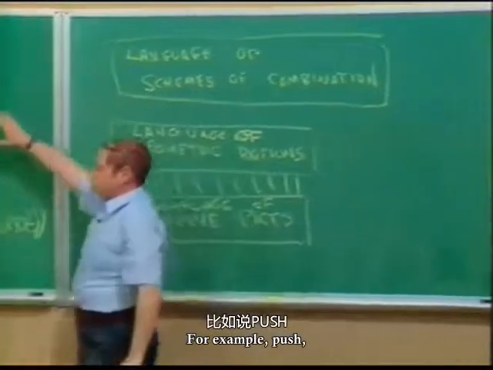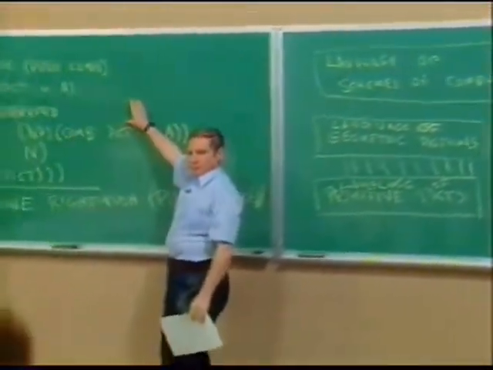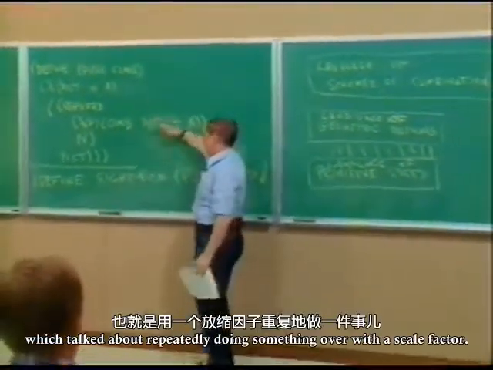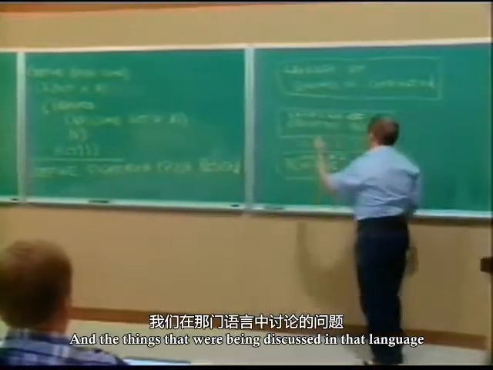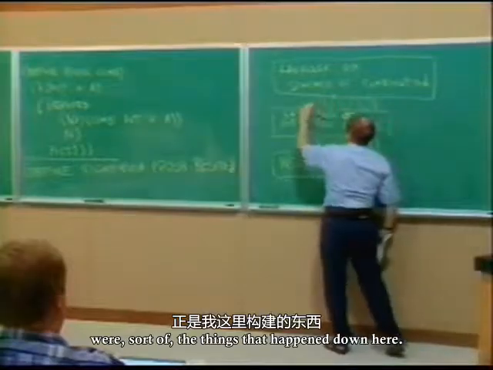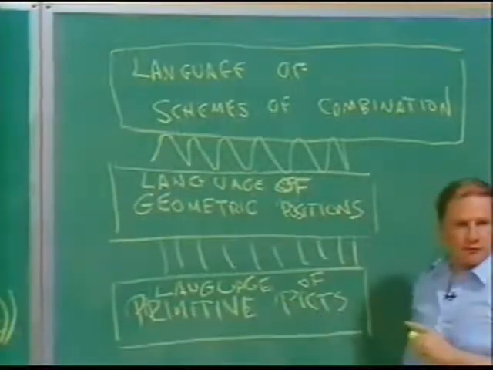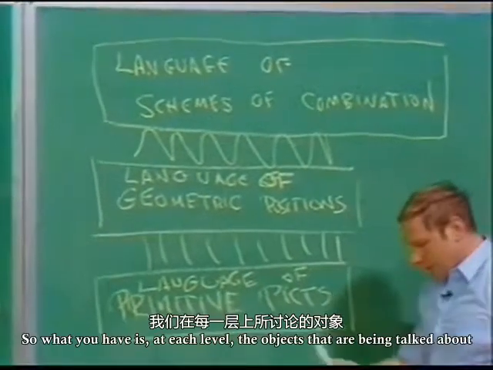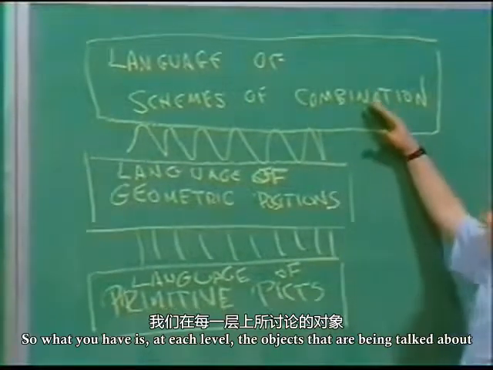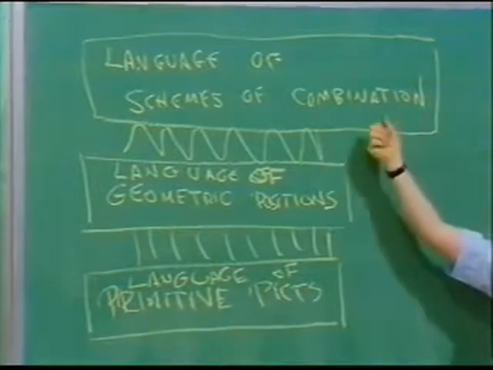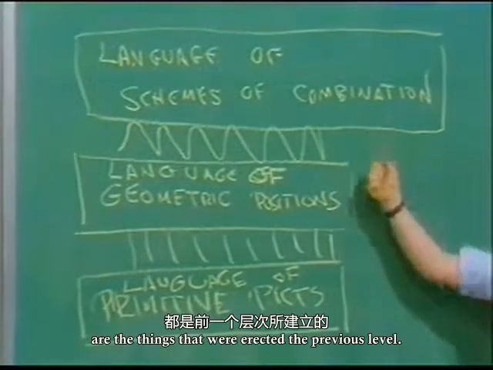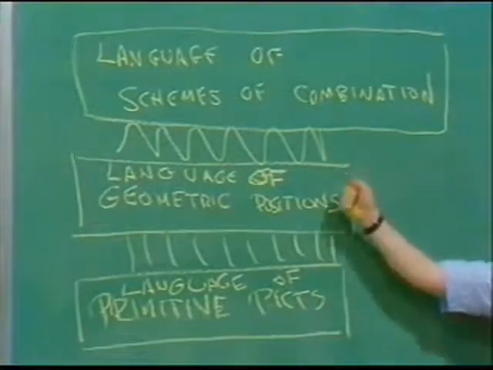For example, push, which talked about repeatedly doing something over with a scale factor. And the things that were being discussed in that language were the things that happened down here. So what you have is, at each level, the objects that are being talked about are the things that were erected at the previous level.